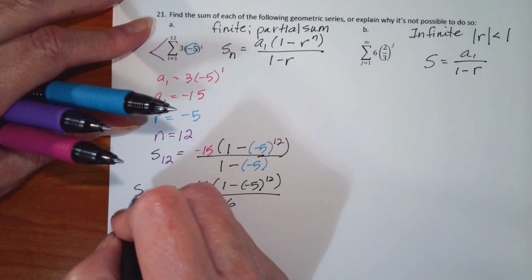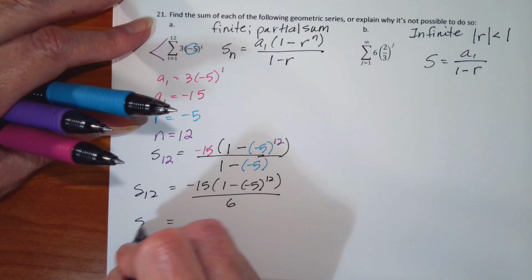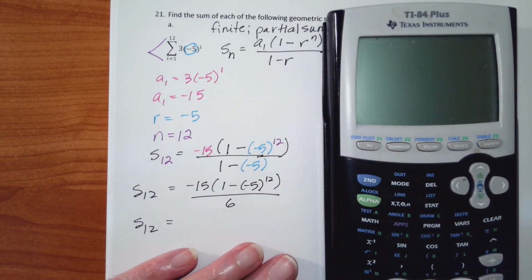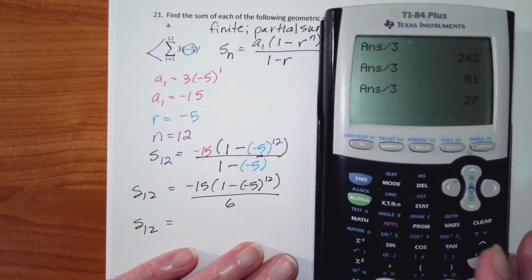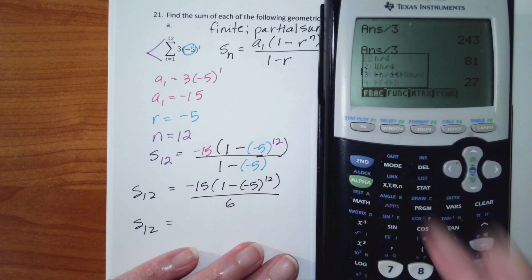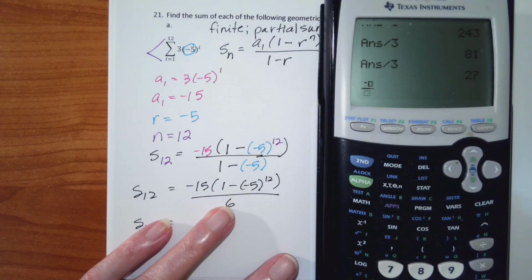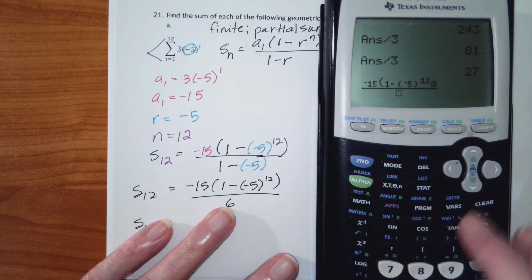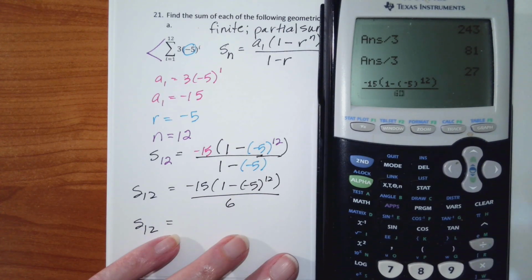Now when I put this in my calculator, this is going to be a huge number. So let's see what I get over here. All right, so let's turn it on first. So I have negative 15 times 1 minus negative 5 to the 12th, all divided by 6.